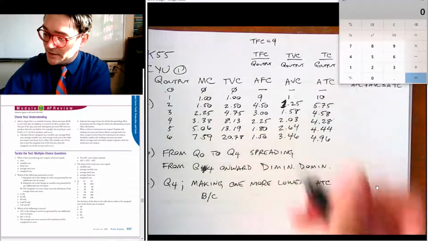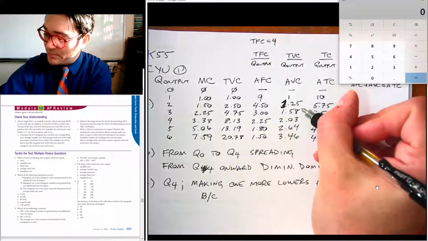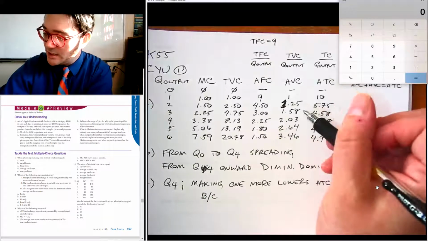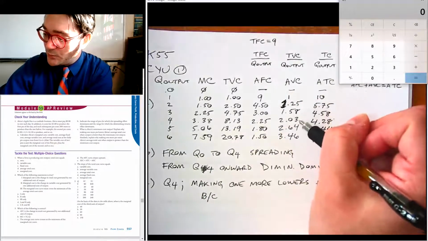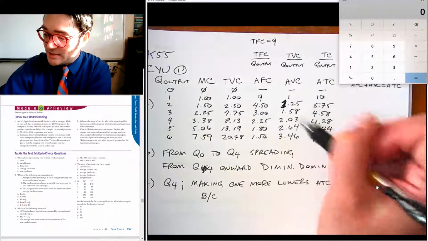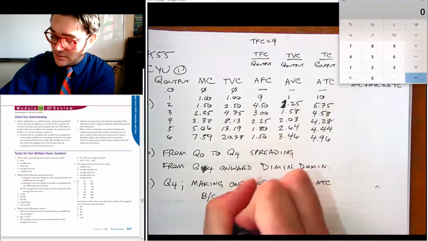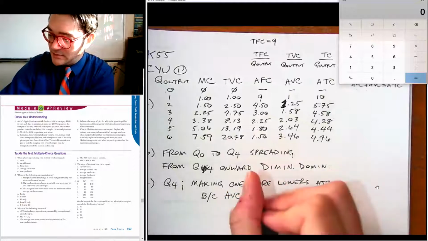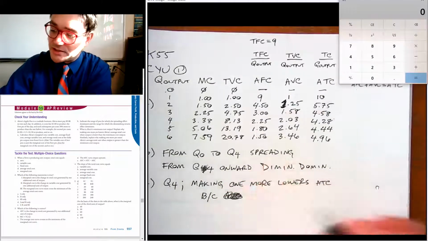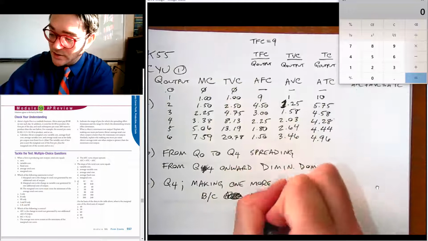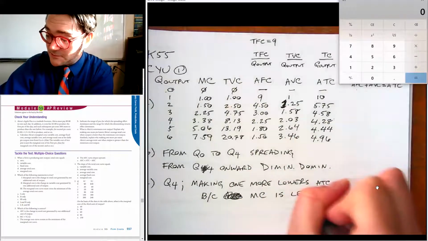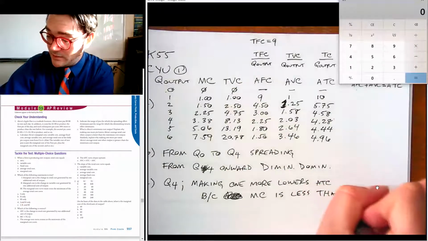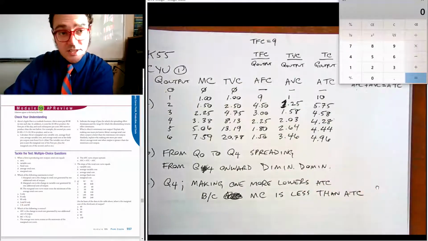because one way to think about it would be as saying that we are looking at a scenario where the AVC, or actually the best way to explain this would be with just marginal cost, because the marginal cost is less than the ATC in that first scenario, right?